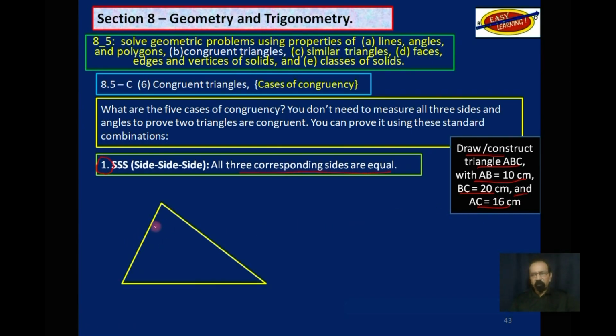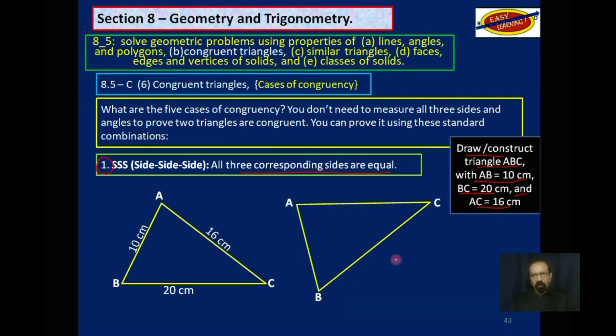Some students may do this, ABC, and they put 20 here, 10 there, and 16 there, and that is correct. Other students may do this, ABC, 20 here, 10 there, and 16 there. And still other students may do this some other way. Always though, AB is 10 centimeters, BC is 20 centimeters, and AC is 16 centimeters.